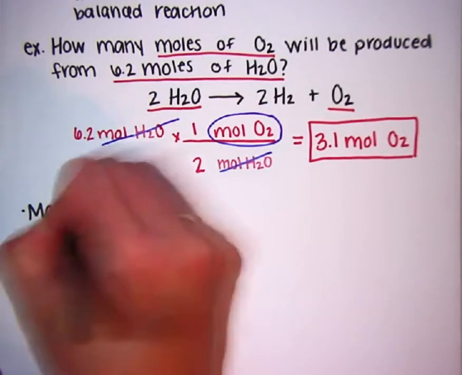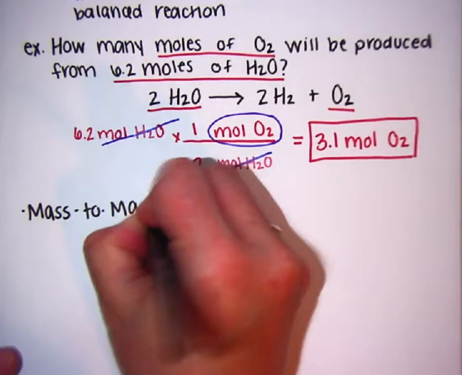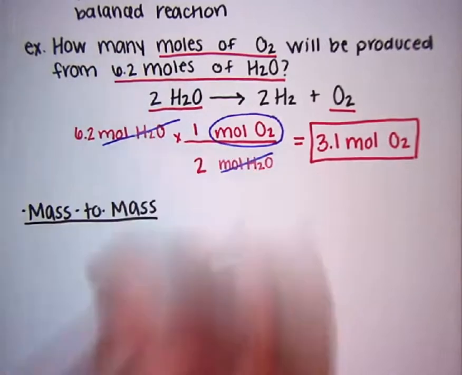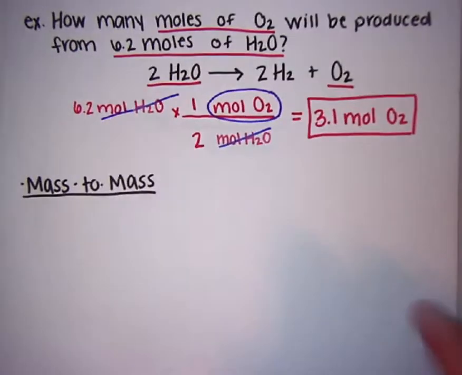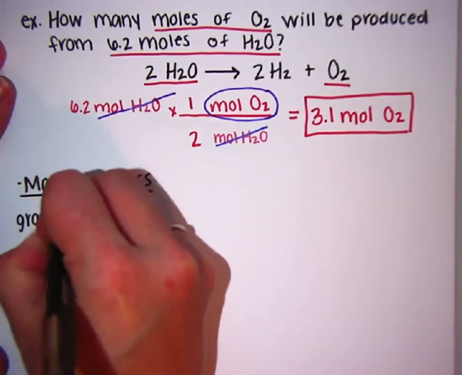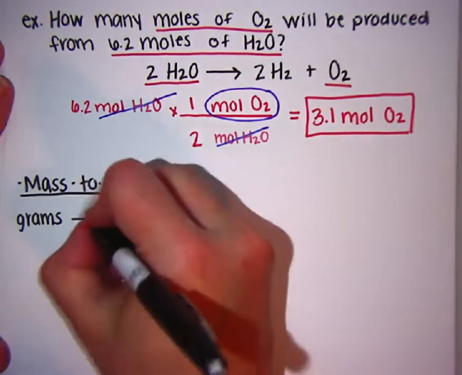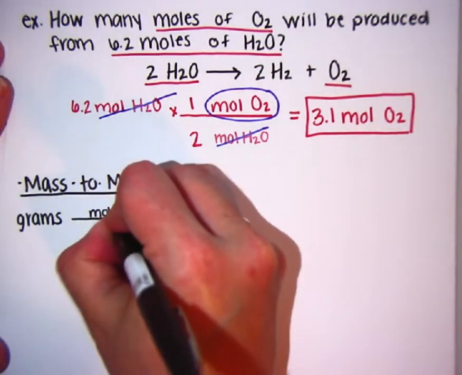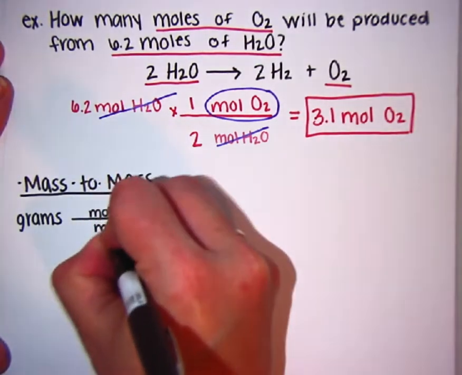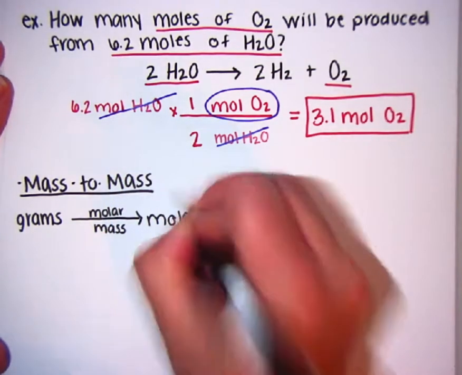So now let's look at those mass-to-mass conversions. And I'm going to give you a little roadmap. We're going to start with mass. So let's say we're starting with grams. If you are given grams, the only thing that you can do is plug in the molar mass to solve for moles.